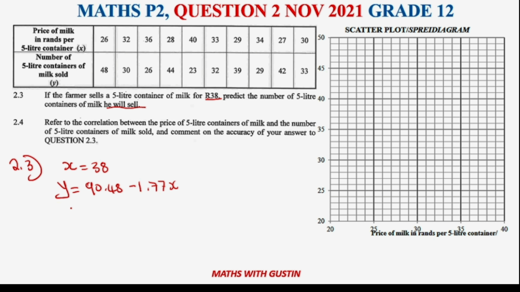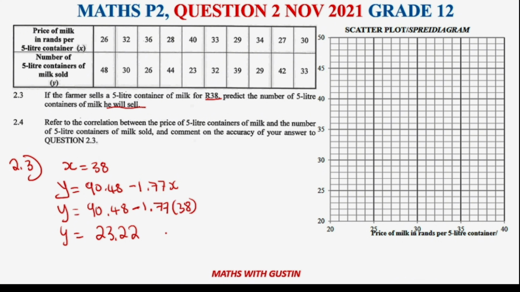Okay, there you go. Therefore we can substitute our x value there, 90.48 minus 1.77 times 38. Okay, therefore we're gonna punch this into our calculator and then let's see how much we're gonna get here. When I punch this into our calculator, we'll get 23.22.